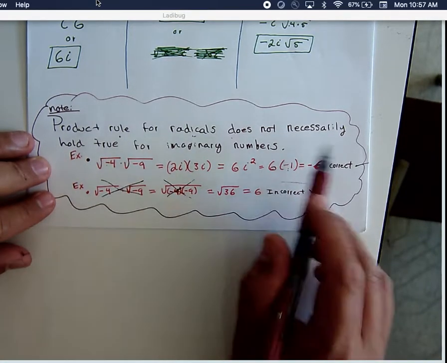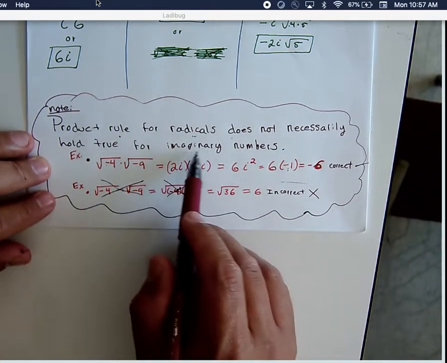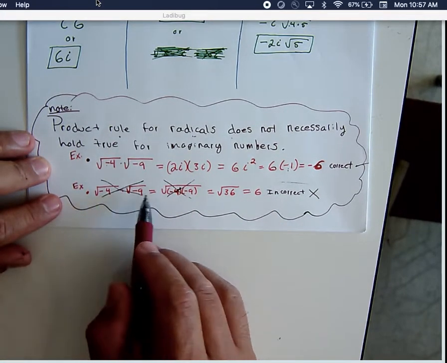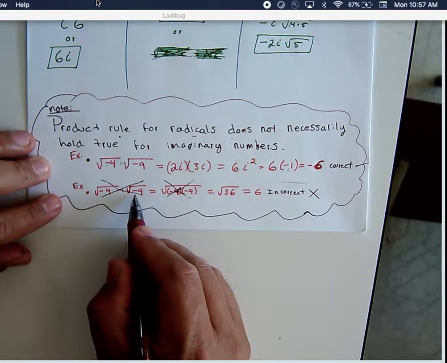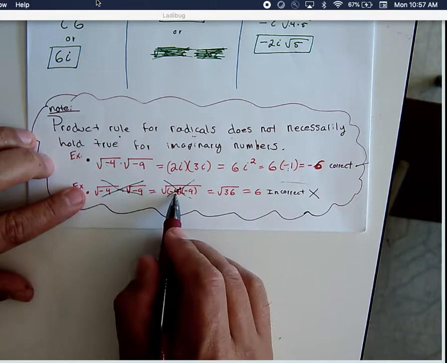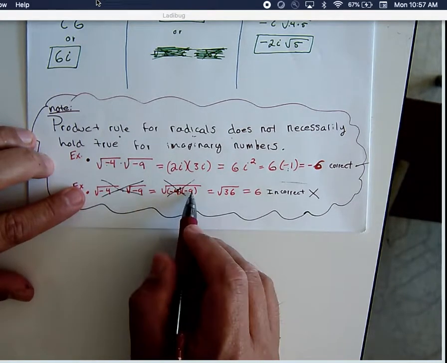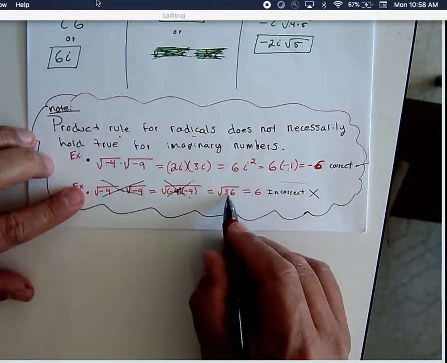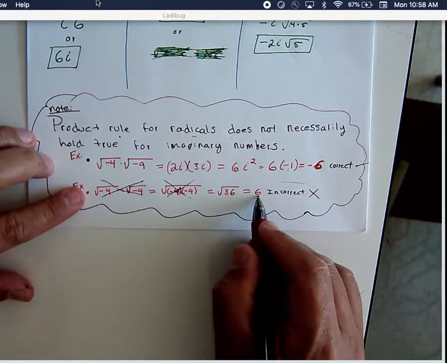And the product rule doesn't necessarily hold true for imaginary numbers. If you have the same example, negative 4 times square root of negative 9, and you apply the rule where you put these two inside, then you would have two negatives inside, and you would think, oh well, negative times a negative becomes positive, and you end up with a positive answer, 6, which is wrong.